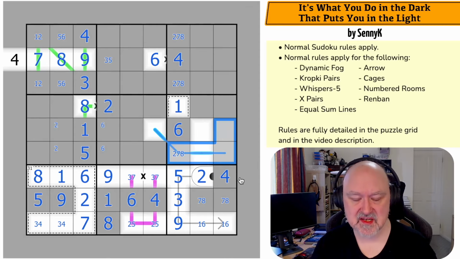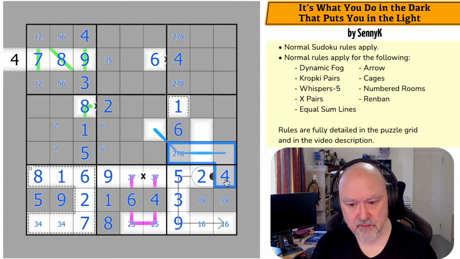So if I kept it in the same box, the minimum that 4 different cells could sum to would be 1, 2, 3, 4. And 1, 2, 3, 4 sums to 10, and I can't put 10 there. If I moved it into that cell, the minimum these could be would be 1, 2, 3, and that would need to be a 4, and I'd still be at 1, 2, 3, 4, and that would need to be a 10. So that line is the extent of the line.